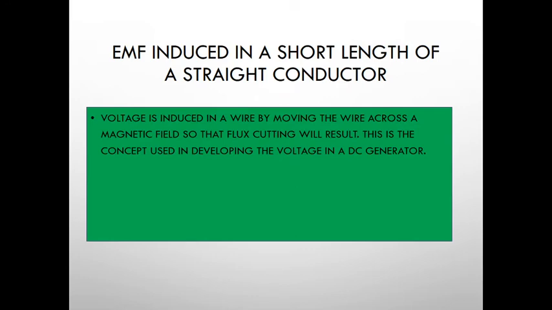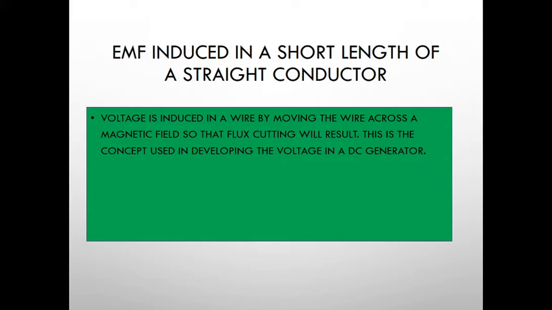Induced EMF in a short length of straight conductors. Ato para mas masabtan pag yun. So voltage is induced in a wire by moving the wire across a magnetic field so that flux cutting will result. So dili makakakat kung dili siya moving, no? So dapat naa kay loop of wire, naa kay magnetic field.